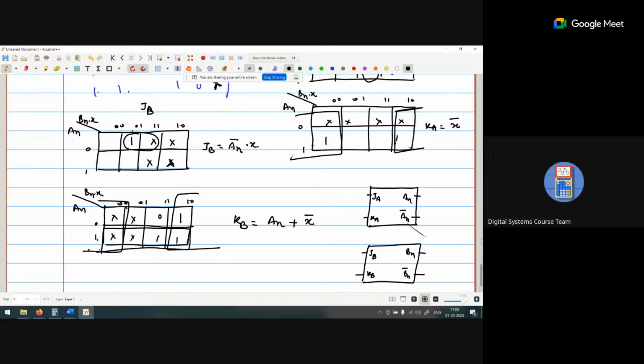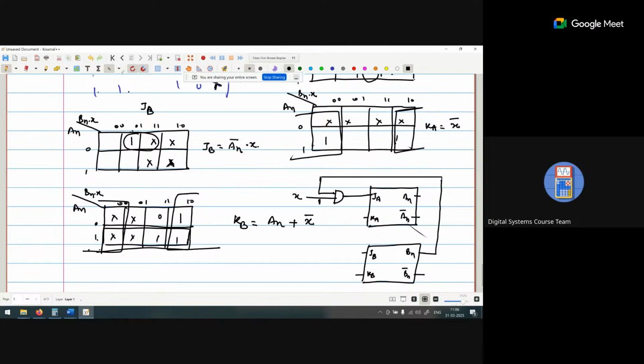BN dot X. BN comes from here and X comes from here. Ending at this one, this is the J.